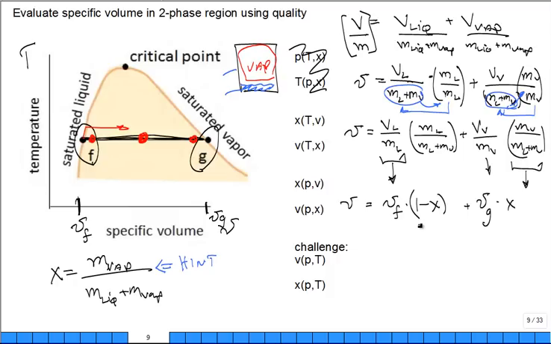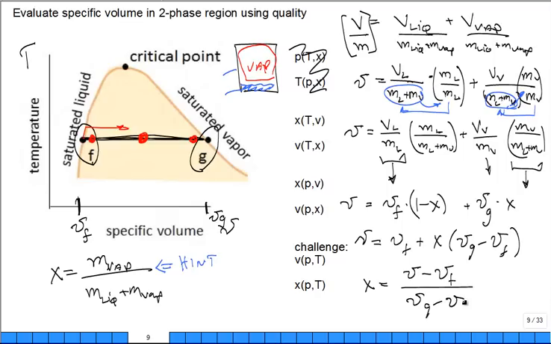You're 10% by mass liquid. That's all you're doing. You can rewrite this. V is equal to V sub F plus quality times V sub G minus V sub F. So I could say quality is equal to the actual mixture specific volume, subtract the saturated liquid, divided by the saturated vapor minus saturated liquid.